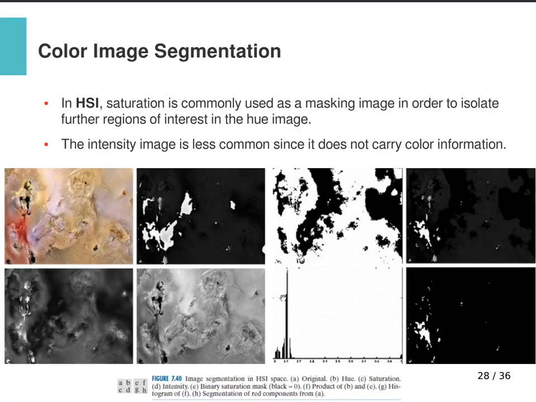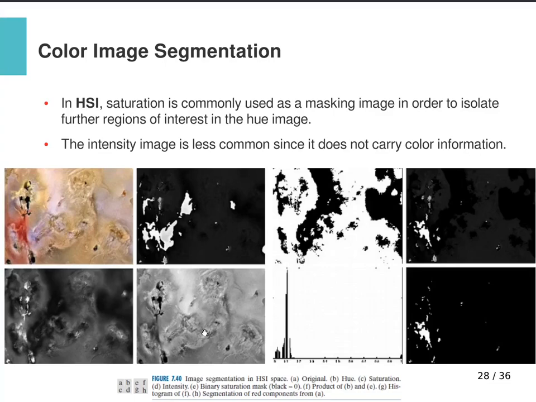So if you see multiple steps being performed, the main reason is that the procedure is very subjective. Here we have the original color image in which we want to segment the regions that have a red color, so basically these regions. This image to its right is the hue component. This image to the bottom left is the saturation component, and this one is the intensity component.